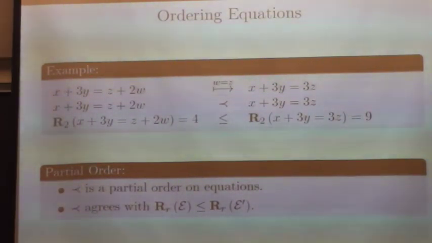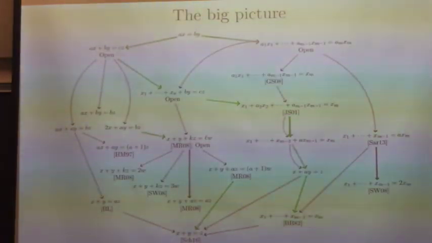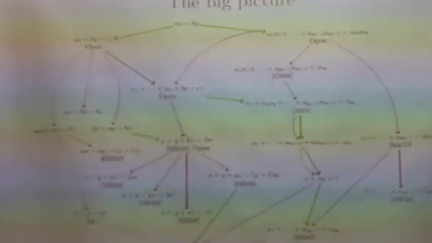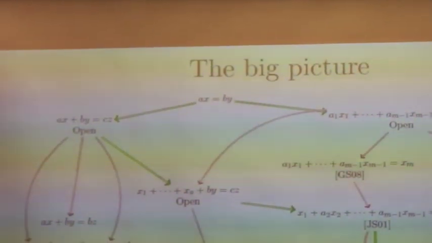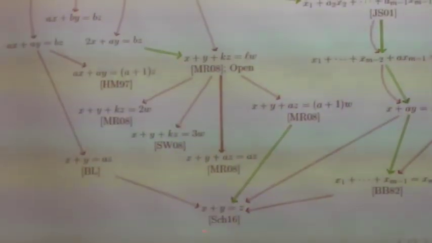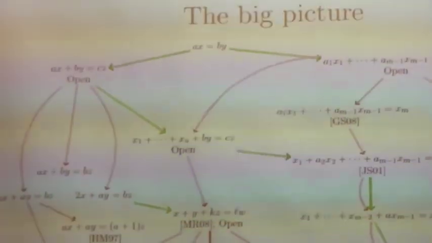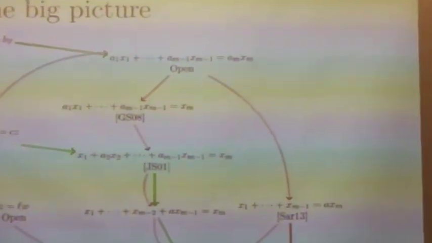And what I've got now is a picture of not all of the possible results anyone has ever proved, but a fair number of them. Right at the top was the trivial case, ax equals by. All the way at the bottom are Schur numbers. There's nothing nonlinear, there's nothing non-homogeneous on here.